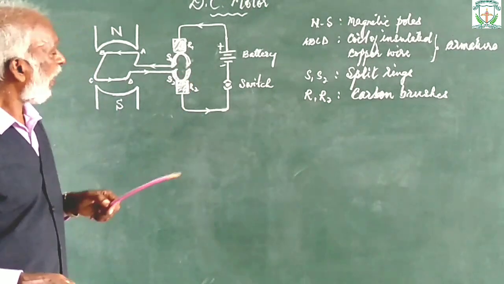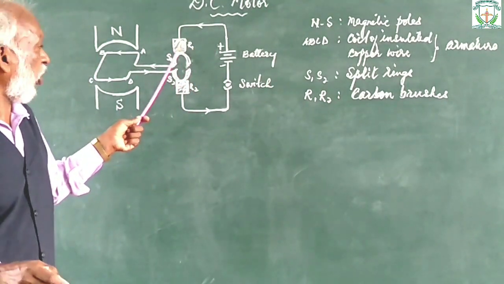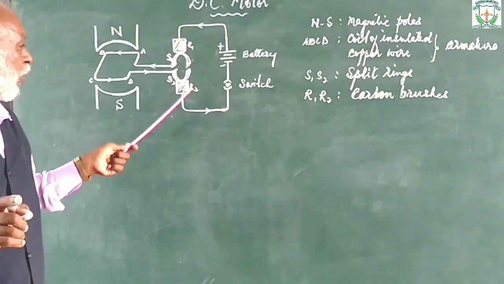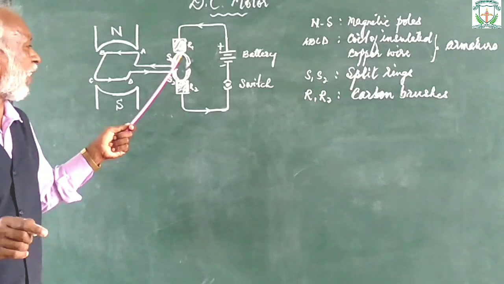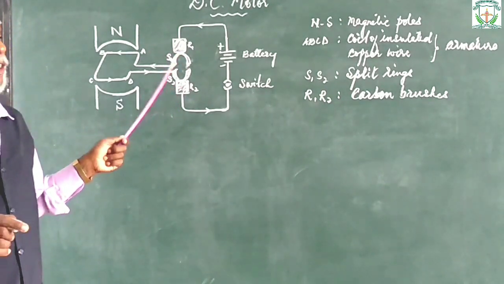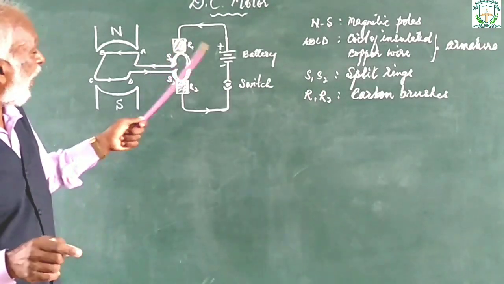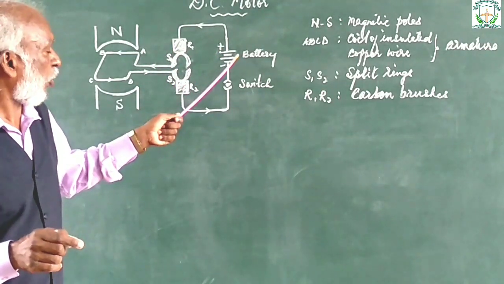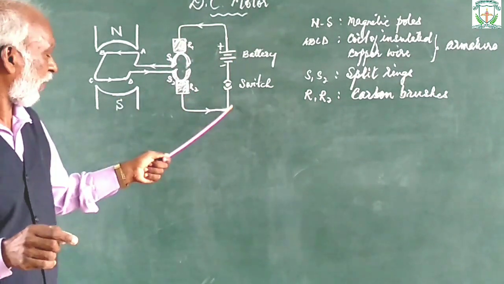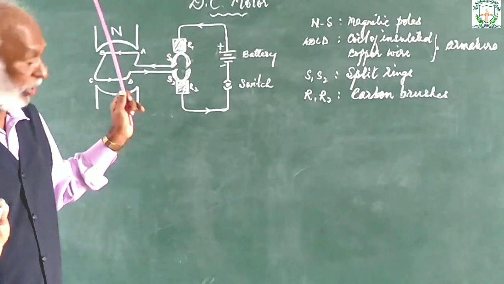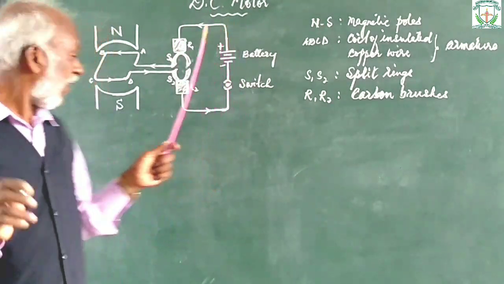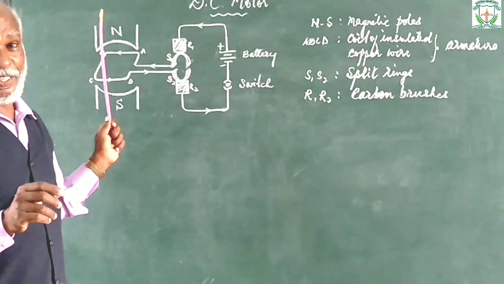There are two carbon brushes R1 and R2 in contact with the split rings. An external source of electric current is connected to the brushes through a switch. This is the simple constructional detail of a DC motor.